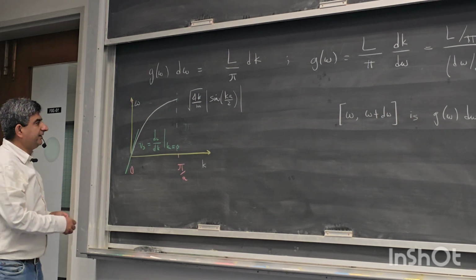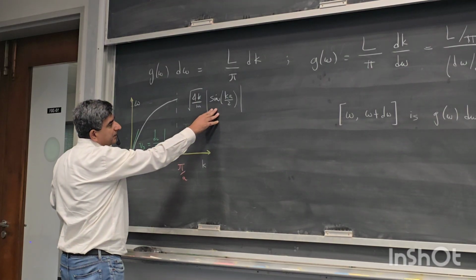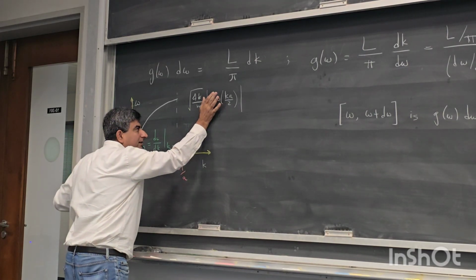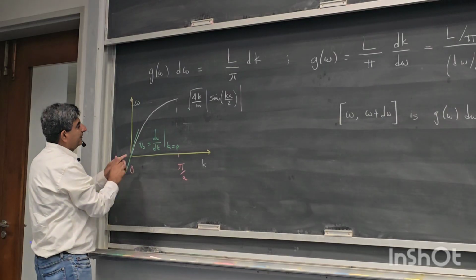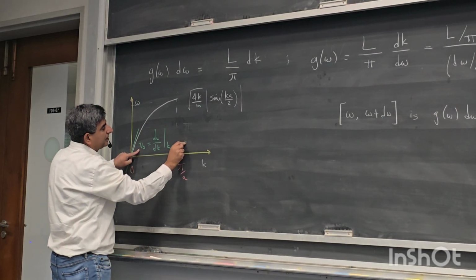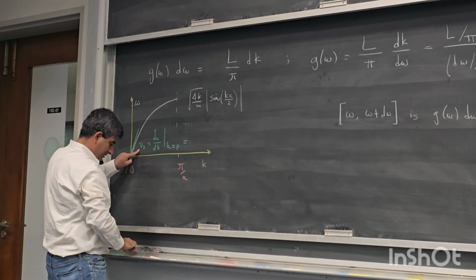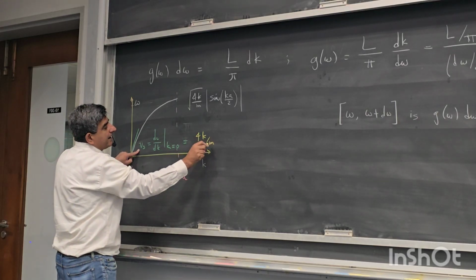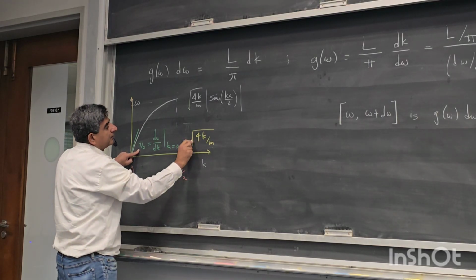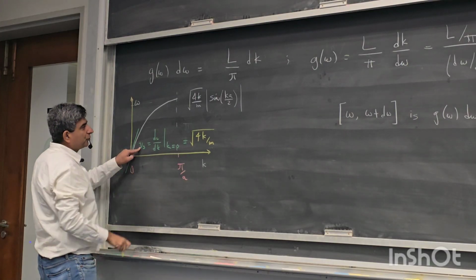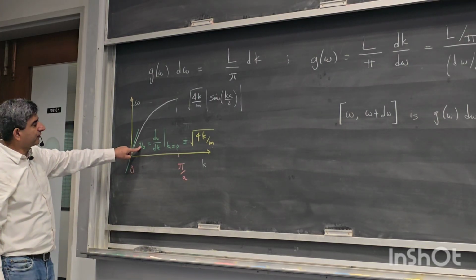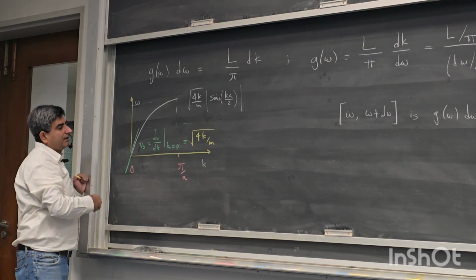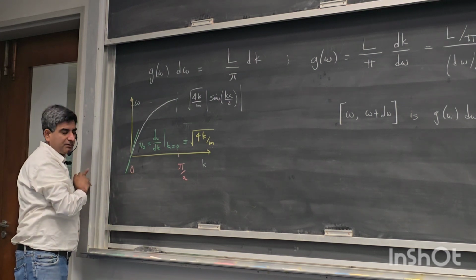And that is easily seen. If we take the slope of this curve, this becomes cosine of ka over 2. At k equals 0, this becomes 1. So the slope is Vs, which is the square root of 4k over m, where m is the mass of the atom. That is equal to the speed of sound inside that solid. That's why this is called an acoustic branch.